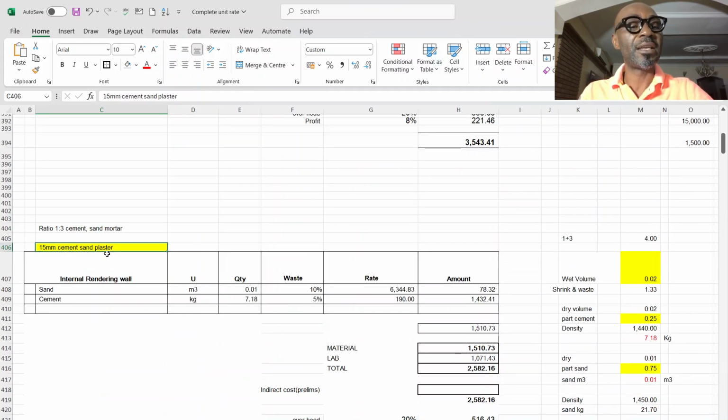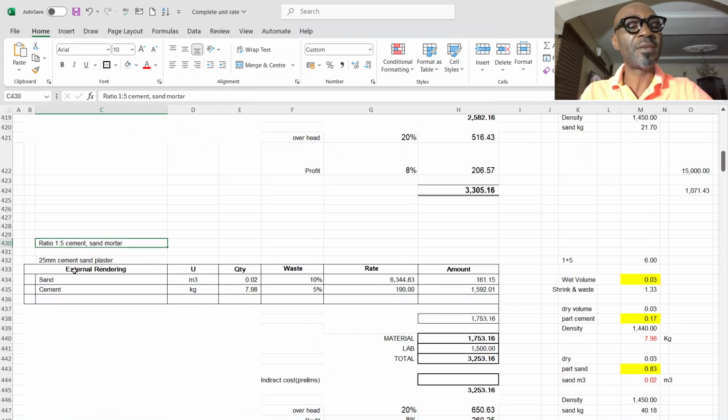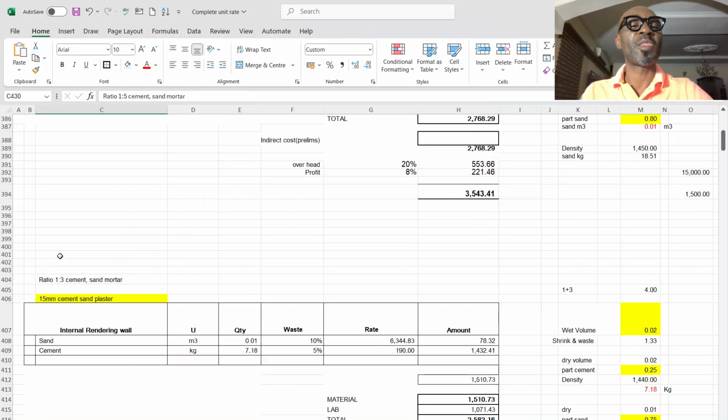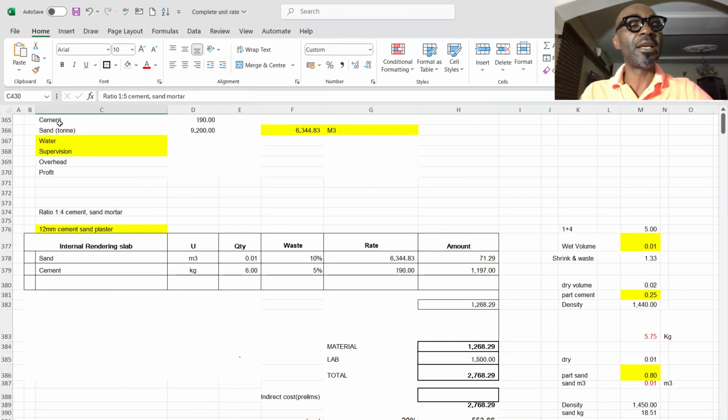I have a 15 plaster in ratio of 1:3, and I have a 25 plaster in ratio of 1:5. And the ingredients for building up this rate are cement, sand, water, and supervision.